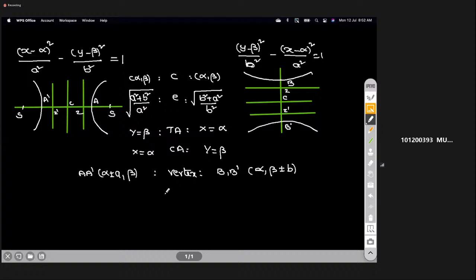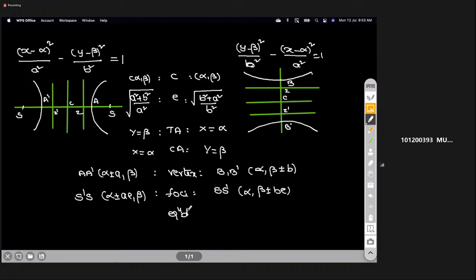Center already got it. Foci, S dash: alpha comma beta plus or minus be. I'm thinking of writing the directrix next actually. SS dash: alpha plus or minus ae comma beta.